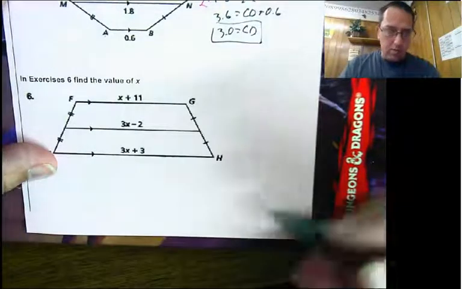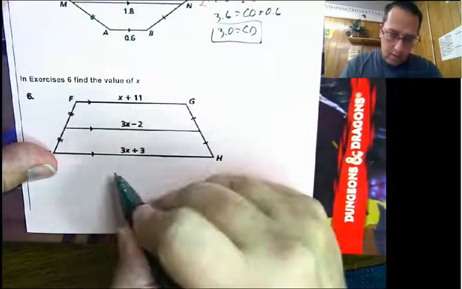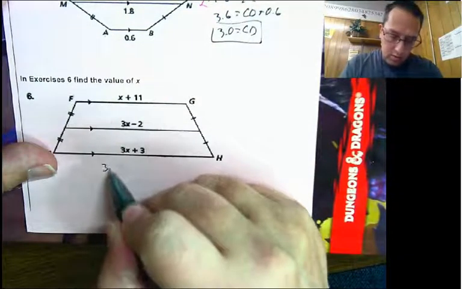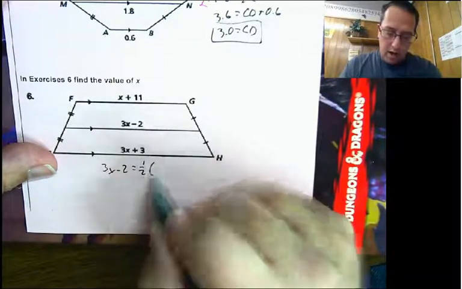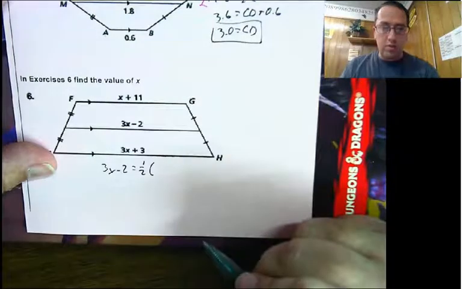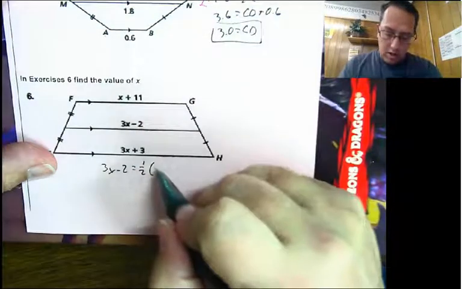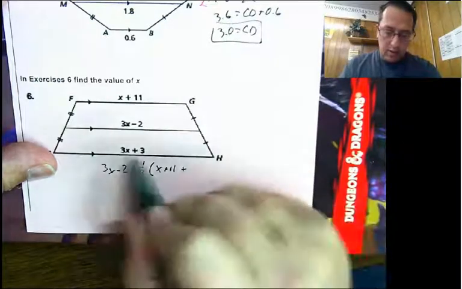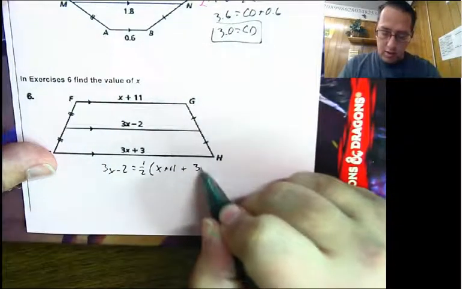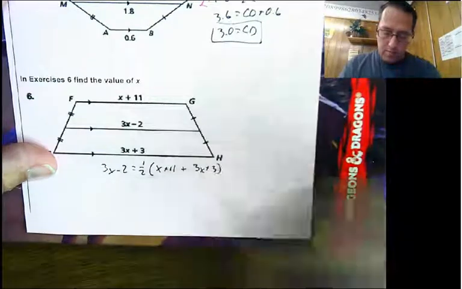So we can use our midsegment formula again, same thing we had a minute ago. So 3x minus 2 is equal to 1/2 times the sum of the two bases. So x plus 11 plus 3x plus 3.